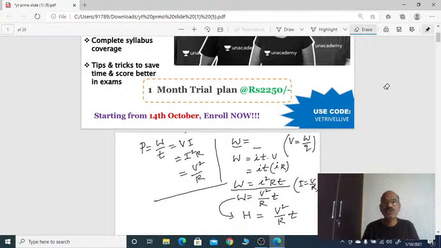Now let us move to the important MCQs related to electric current and electric energy. Remember this formula, mainly Joule's law.